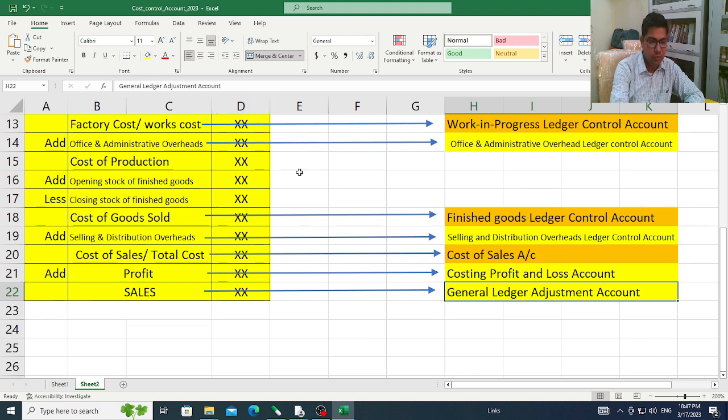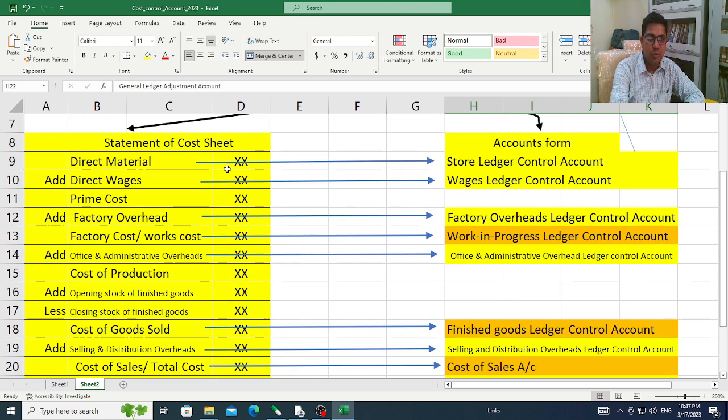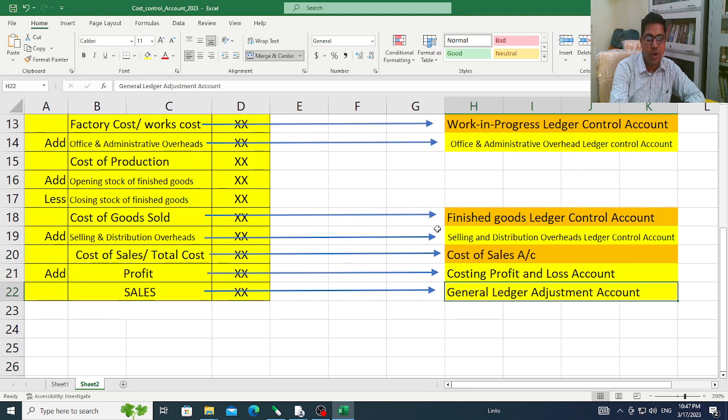So friends, in this cost sheet, whenever they prepare the general entries and ledgers, they change the names. Direct material is called store ledger control account, direct wages is called wages ledger control account, factory overheads are called factory overhead ledger control account, work cost or factory cost is called work in progress ledger control account, office and administrative overheads are called office and administrative overhead ledger control account, and cost of goods is called finished goods ledger control account.